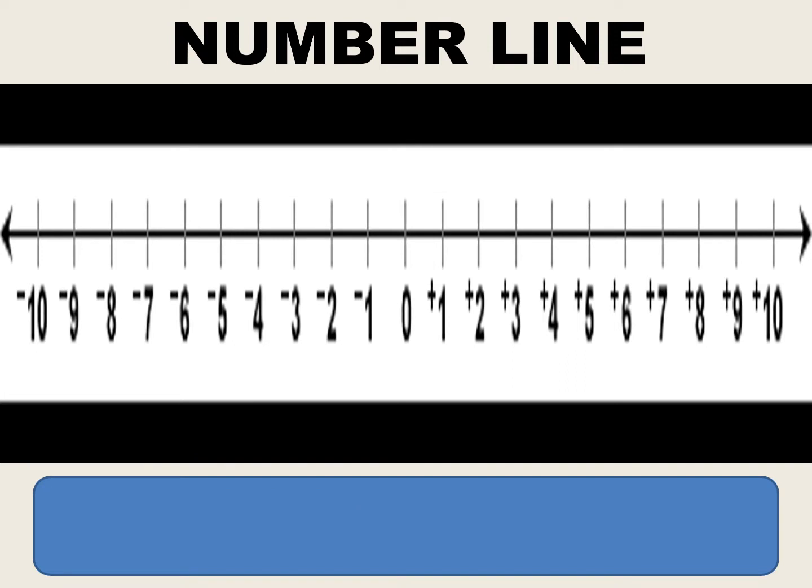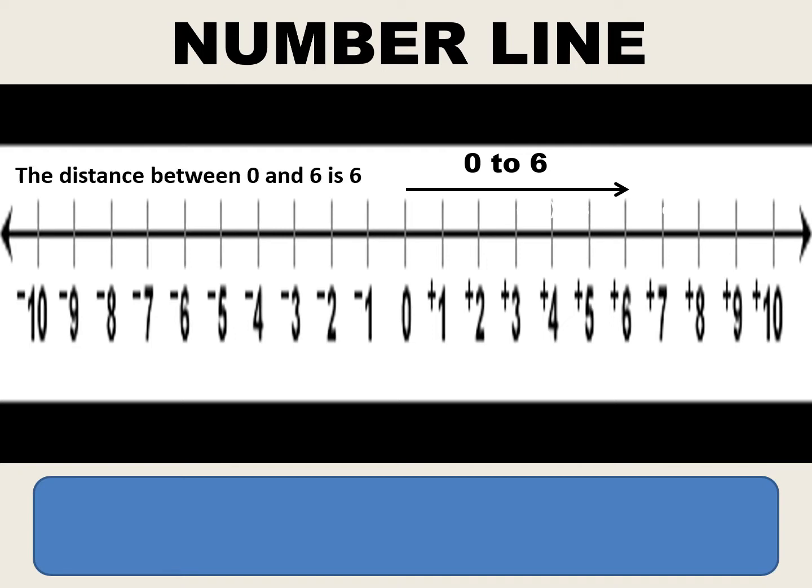So let us have second example. So 0 to 6. So what is the distance? The distance between 0 and 6 is 6. So we can conclude that the absolute value of 6 is equal to positive 6.